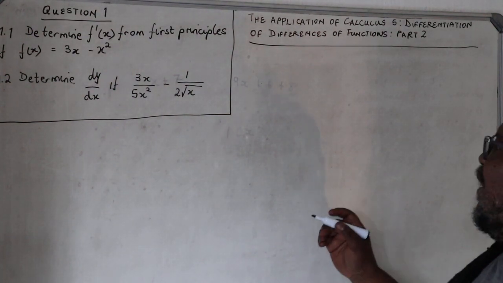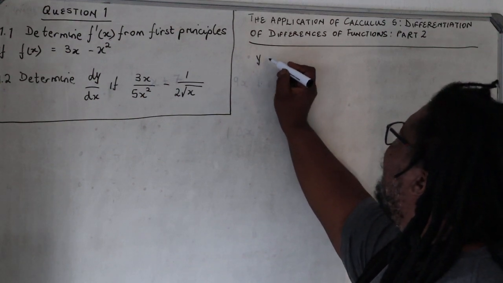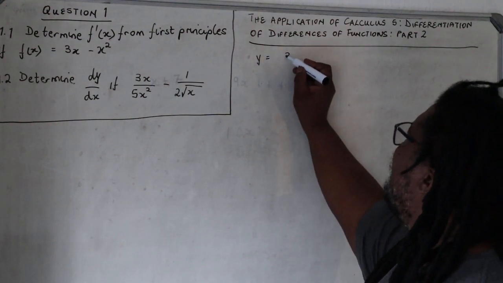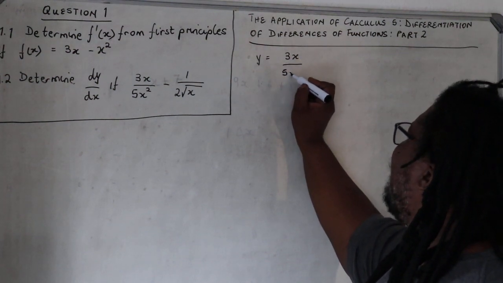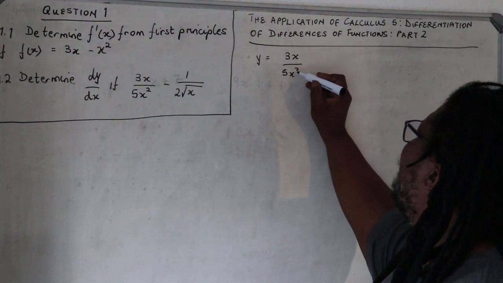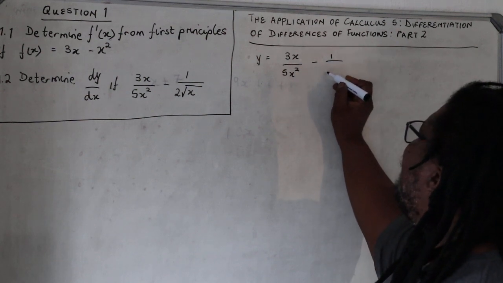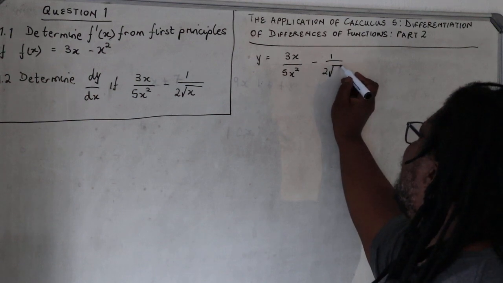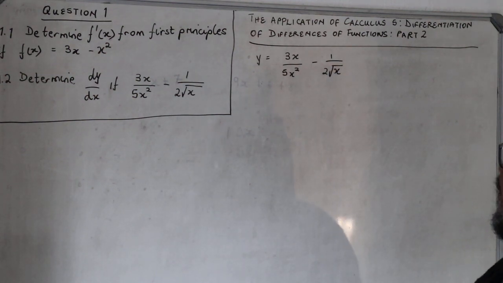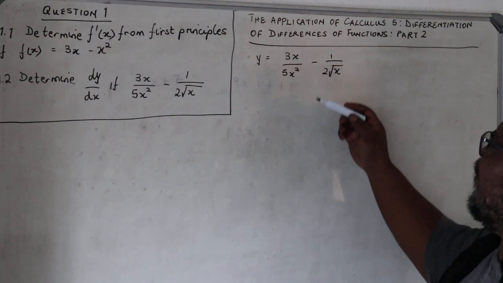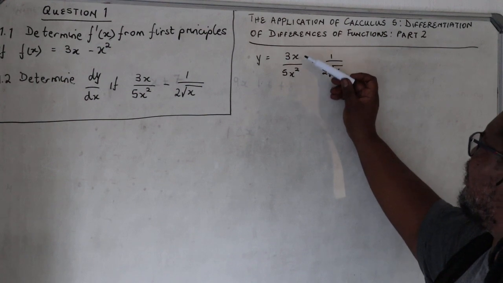So we can say y is equal to 3x over 5x squared minus 1 over 2 square root of x. So if you look at the difference of these functions, you can see that we can still simplify.